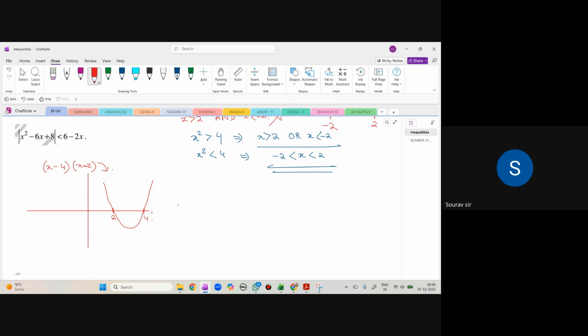Now, what would be the mod of this? What is the meaning of mod? Anything below the x-axis is flipped and is above the x-axis. Very good.